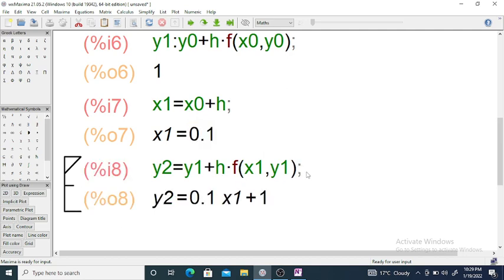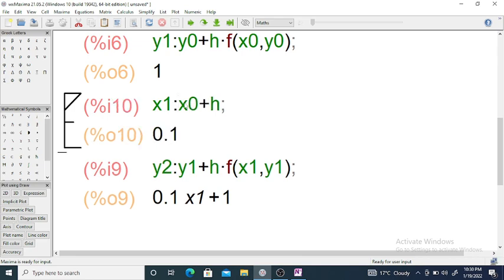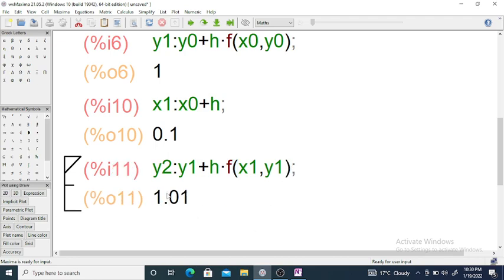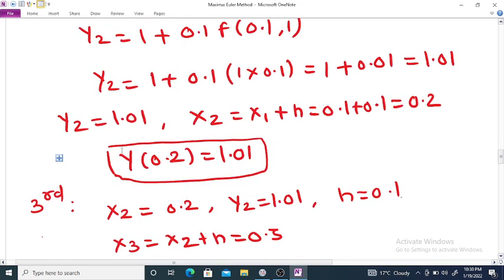If we press enter, you can see y2 is 1.01. You can check here, y2 is 1.01.